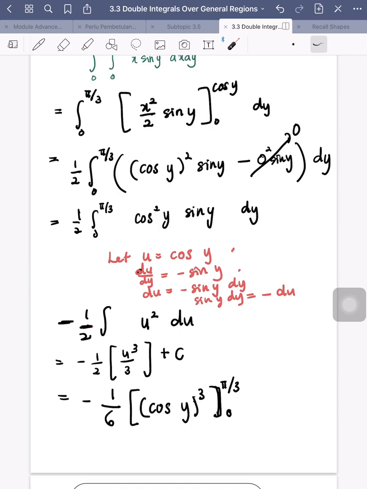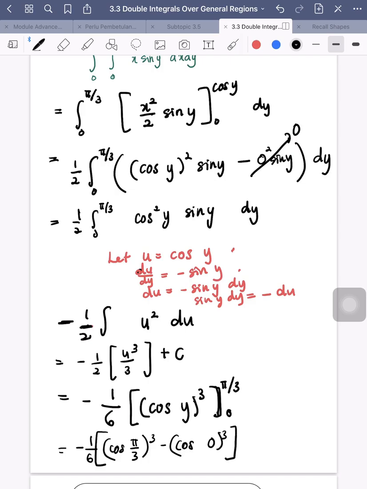Now you put the values here, so you will get negative 1/6 of cos pi over 3 to the power of 3 minus cos 0 to the power of 3, the bottom limit. So for your answer, you can use your calculator, you will get 7/48.